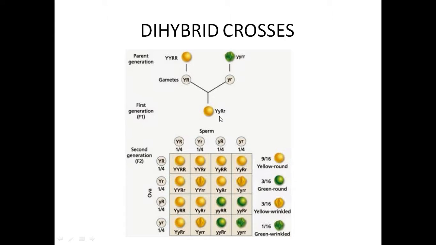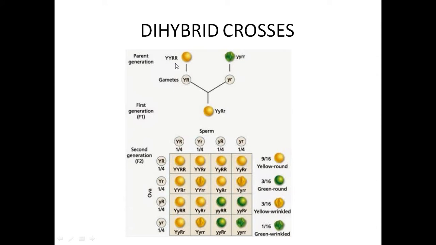Though we have capital Y, capital R and small r, the offsprings produced from the parent generation are yellow color and round shape. So yellow and round are dominant and green and wrinkled are the recessive characters.